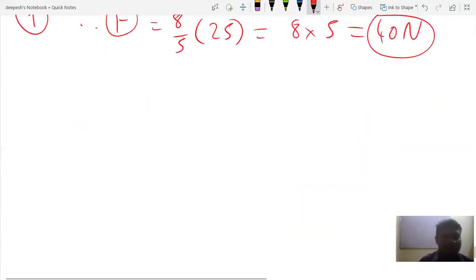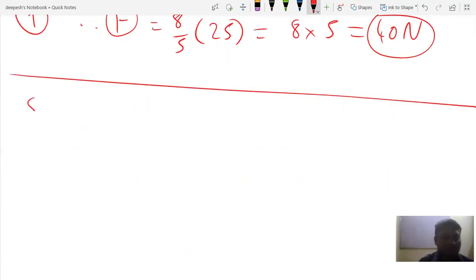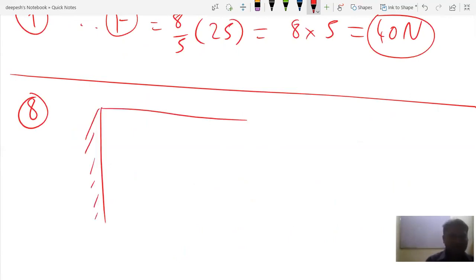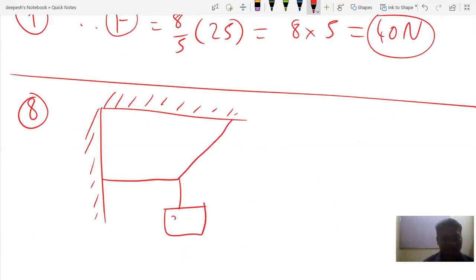Now after illustration 7, let us move on to illustration number 8. So in illustration number 8, we are given an object of mass 300 Newton. So this angle is 90. This angle is given as 37.